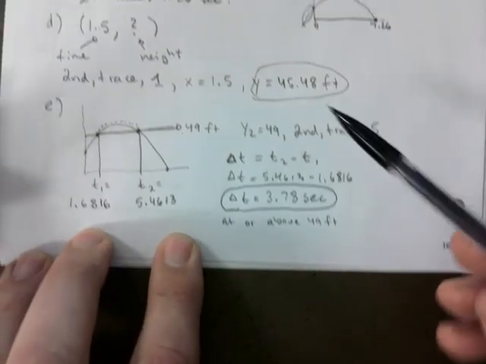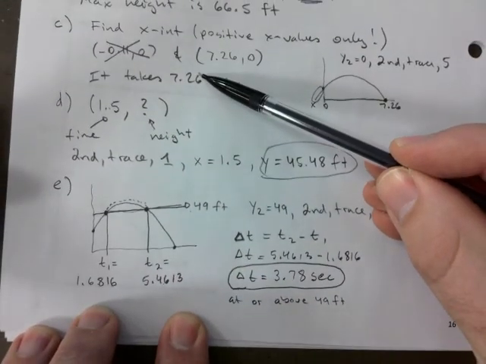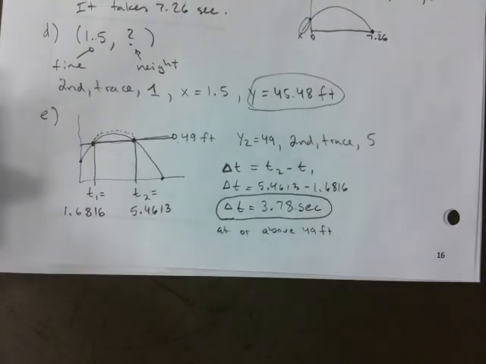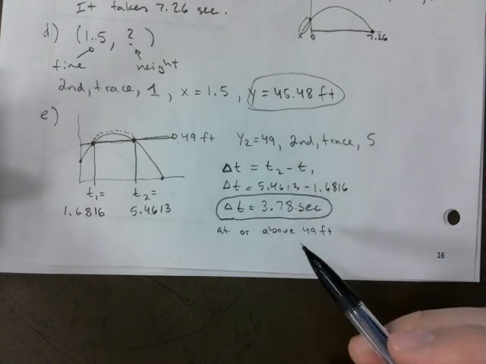Let's go back up. 7.26 seconds, right? Minus this, you get the time below, right? Does that make sense? Right? Your total time is 7.26. So you can answer it. You can answer both questions by doing this. Okay.